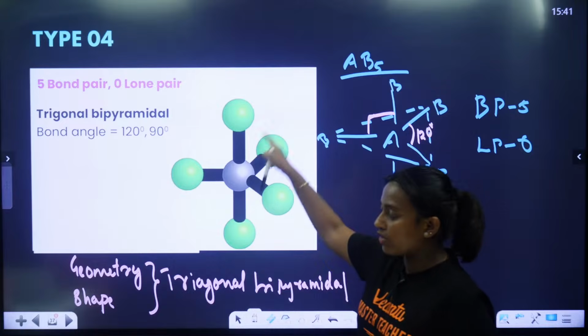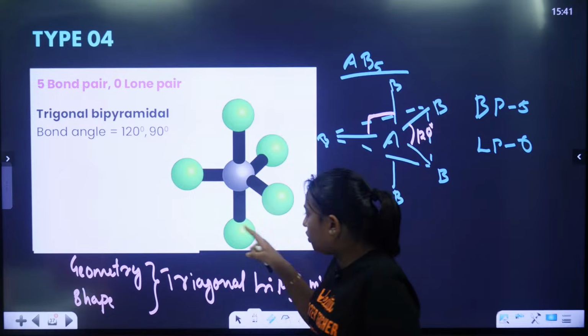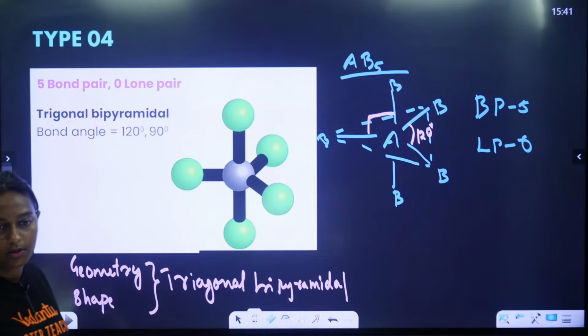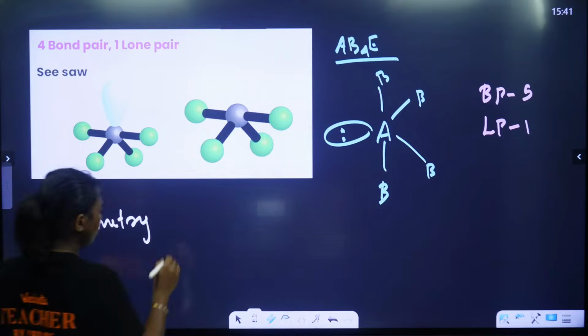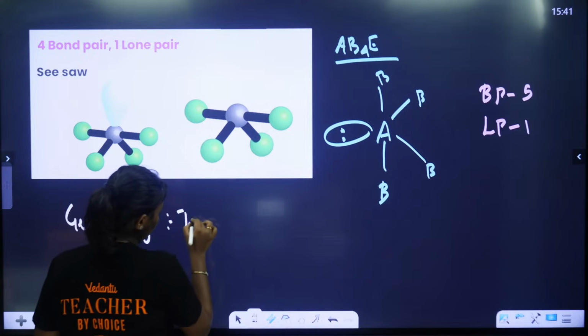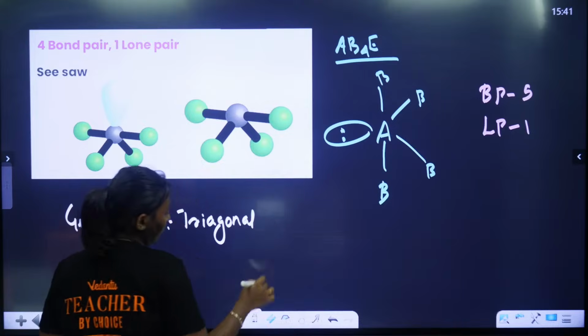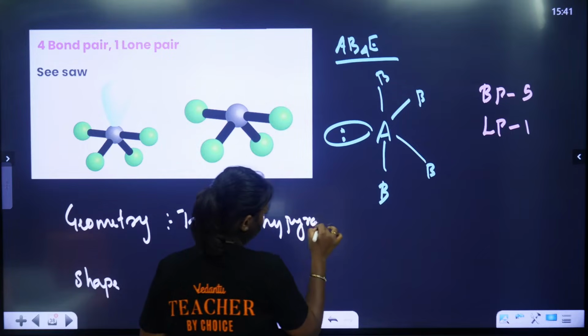It looks like a triangle with two pyramids. So here trigonal bipyramidal.